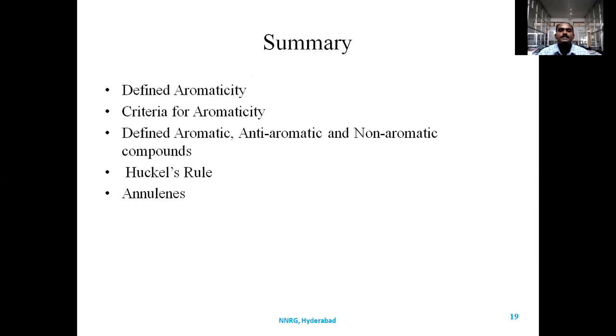Because of the dynamic system, the electrons move around the cycle and make the molecule more stable, and it gives rise to substitution reaction rather than addition reaction. So these points are different from the properties of aliphatic compounds, which undergo addition reactions.